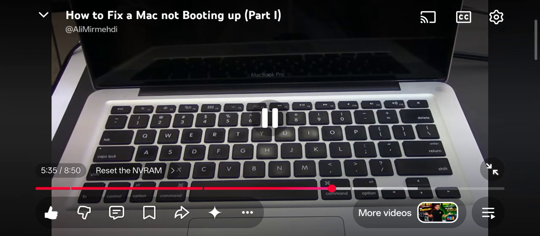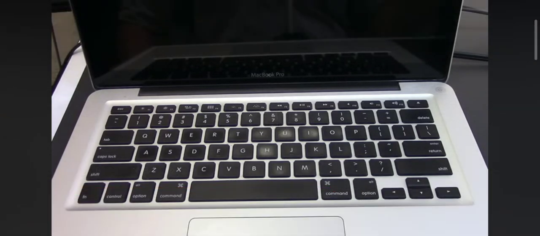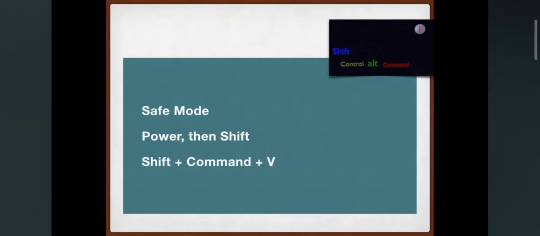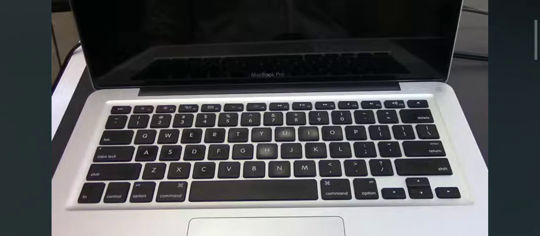The third solution, imagine you did the SMC solution and it didn't work. And you did the memory solution, the NVRAM, and it didn't work either. Now it's time to check whether the computer can boot in safe mode. When you try to boot in safe mode, you actually give the signal to the computer that certain operations should not be initiated.